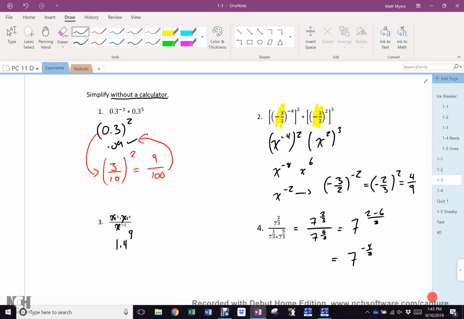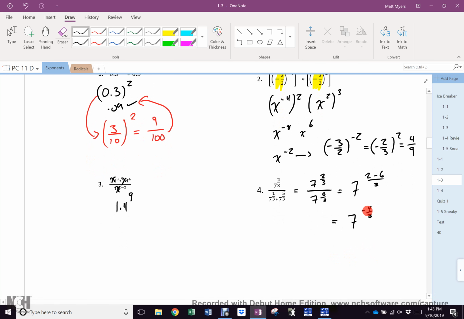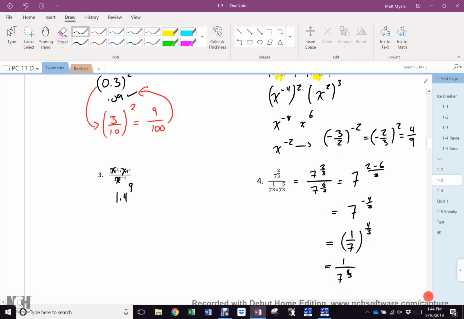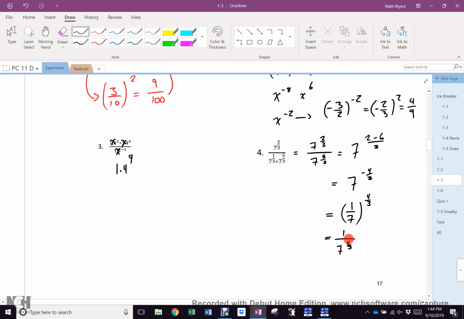What bothers us there? What does a negative exponent do to its base? Flips it. So what does it become? 1/7 to what power? The 4 thirds. What is 1 to whatever power you have? 1 over 7 to the 4 thirds. Now, can I leave it there?